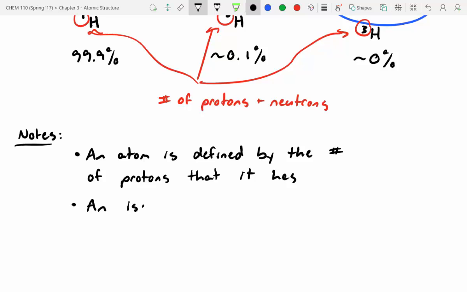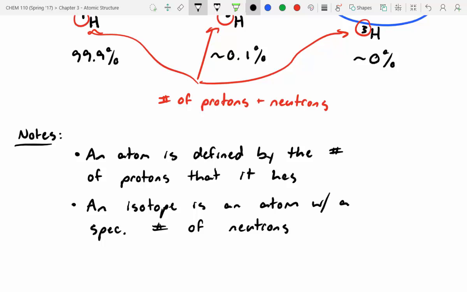An isotope is an atom with a specific number of neutrons. Does that make sense?